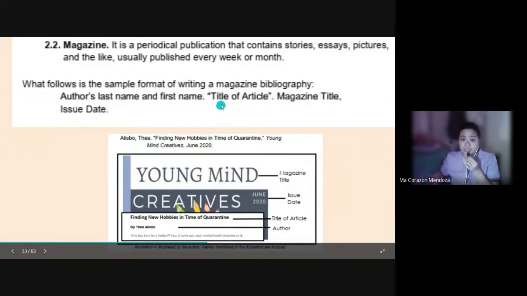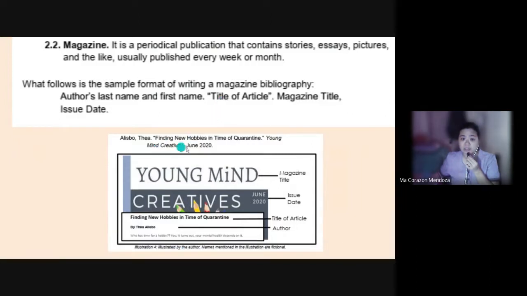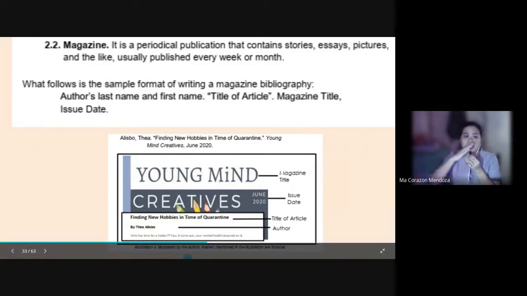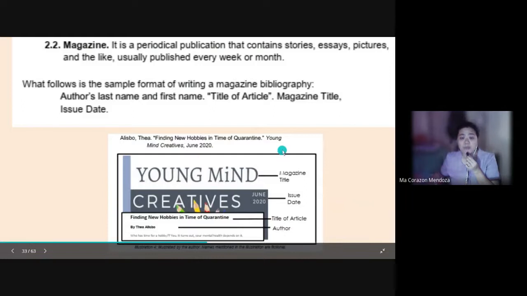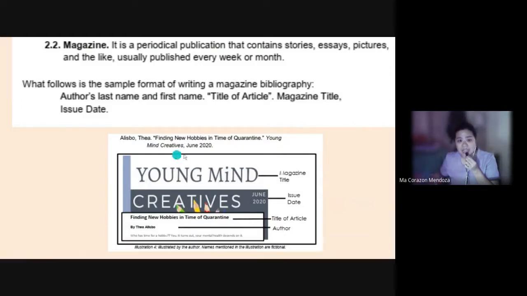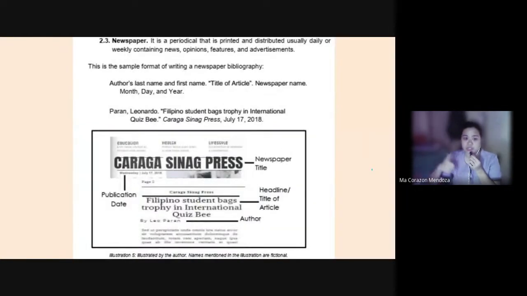So you will put the title of the article. Next, magazine title, which is Young Mind Creatives, which is in italics. Okay, it should be like this. And then the issue date, which is June 2020. So after putting the magazine title, you put a comma. You put June 2020 and period. Okay? I hope you understand.